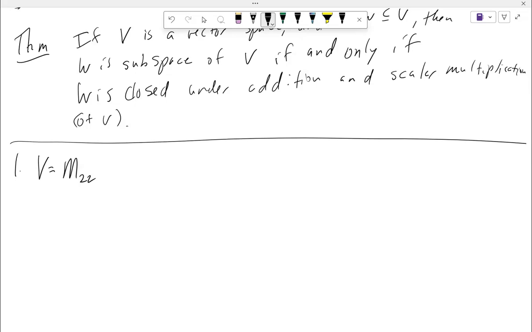The second subscript refers to the number of columns. So when I write M sub 2,2, I mean the set of 2 by 2 matrices. And again, if I do not tell you addition and scalar multiplication are weird, assume they're normal, okay? So in this vector space, you're going to add matrices and do scalar multiplication of matrices like you always do.